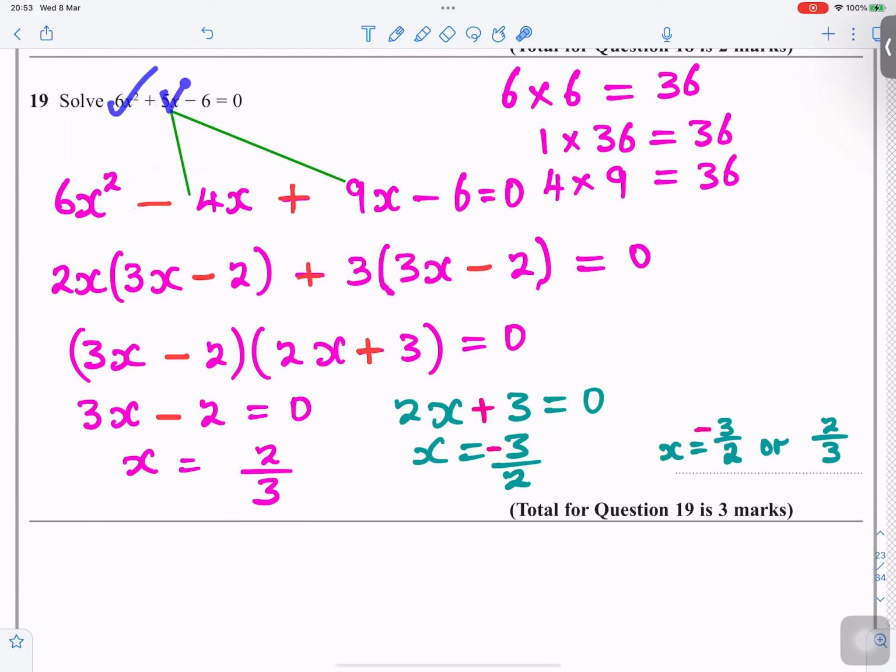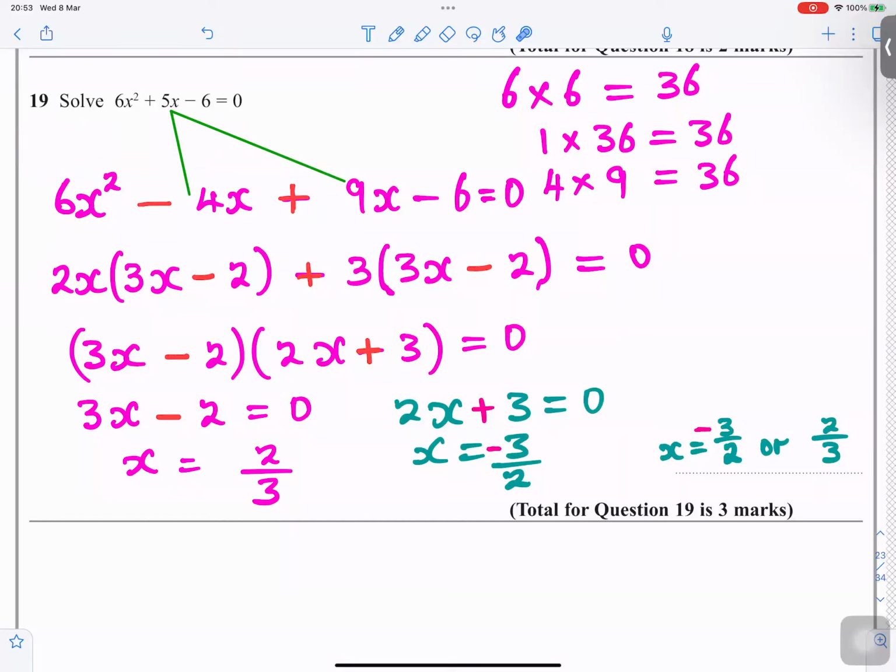Now we've got 3 terms, and we have changed it to 4 terms. So we can pair this and pair this and factorize. So 6 is the same as 2 times 3. 4 is the same as 2 times 2. So 2 is common, 2 is common. We take 2 out and take 1x out. So you're left with 3x minus 2.